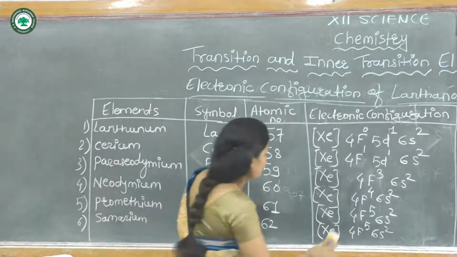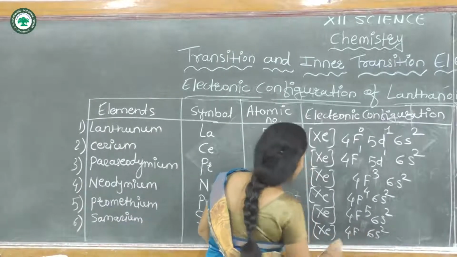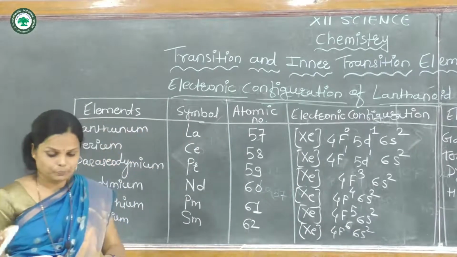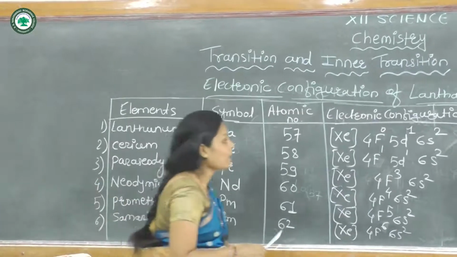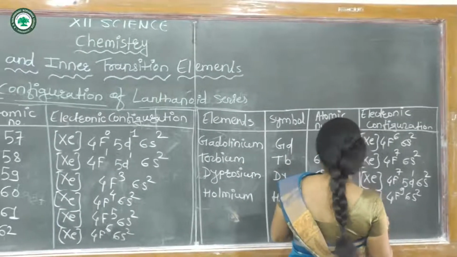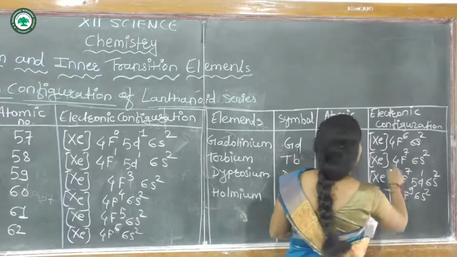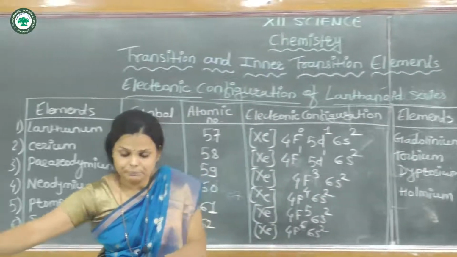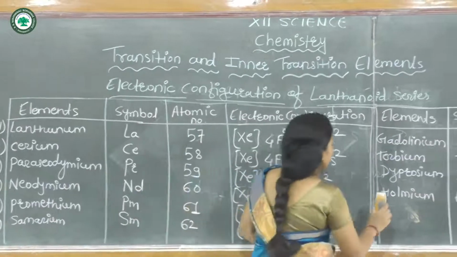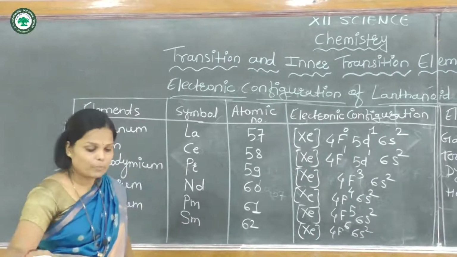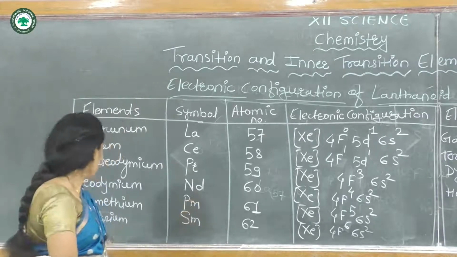One minute. Here the electronic configuration is 4f6 and 6s2. One minute, one element is remaining.